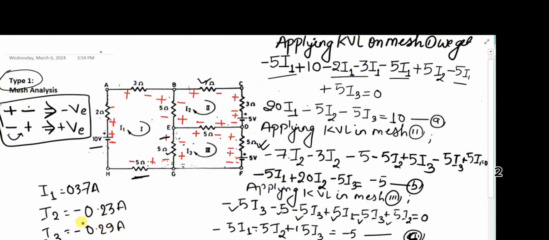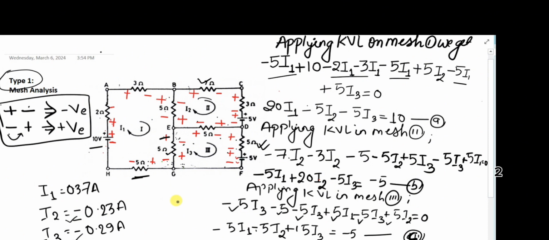The negative sign indicates that the assumed direction was reversed. You assumed the direction of I2 and I3 in clockwise direction, but in the actual case the current was flowing in counterclockwise direction. That's why the negative sign came over here. So you need not worry about the negative sign. It can be positive, it can be negative. Your assumed direction might be the same or the opposite direction.